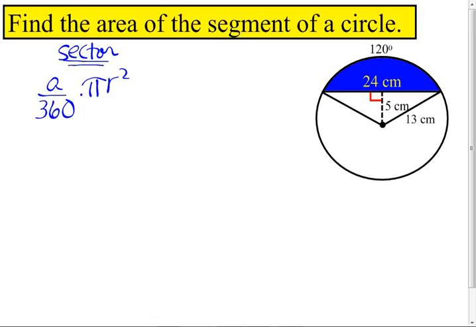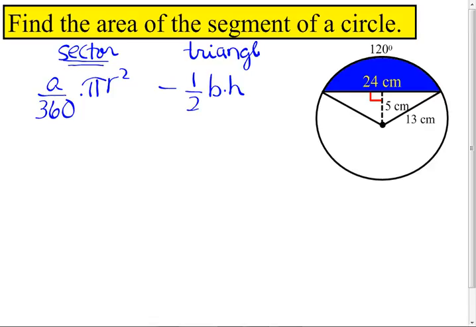I want to find the area of the segment. It's going to be the area of the sector, and we're going to subtract off the triangle, 1/2 base times height. When I write this down, it tells me what numbers I'm looking for.